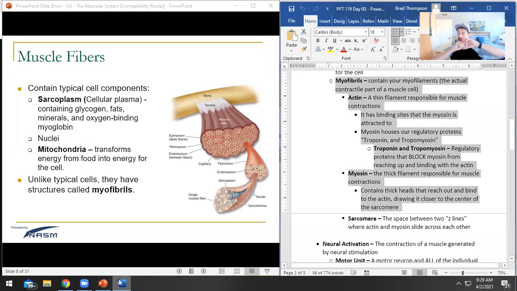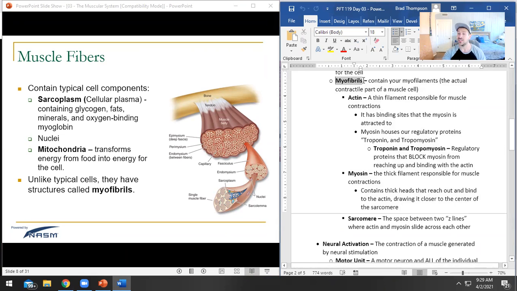So a myofibril is this big rod with all these little proteins attached running through it. They contain even smaller proteins called myofilaments. And myofilaments are what live on the rod that allow the actual crawling to take place so that the rod can shorten. And then that shortens the whole muscle cell.